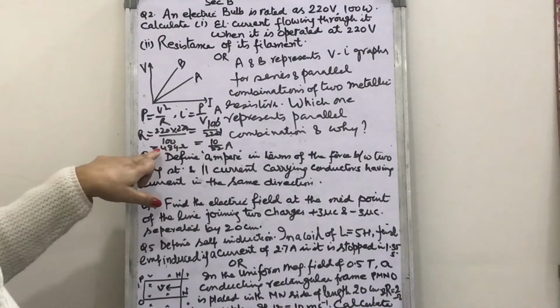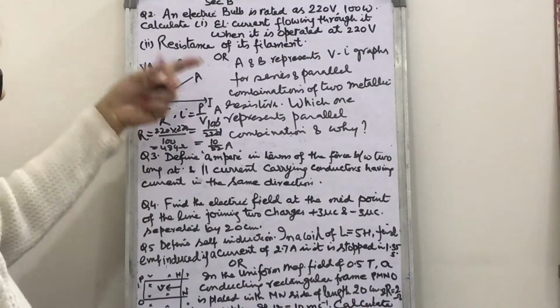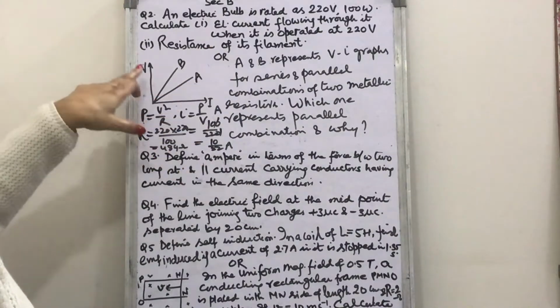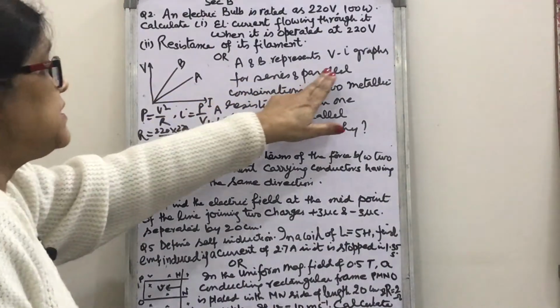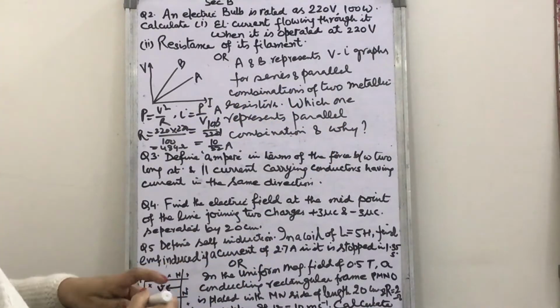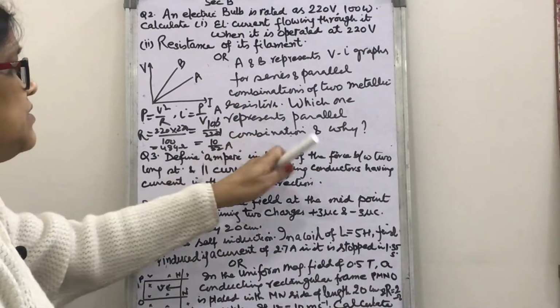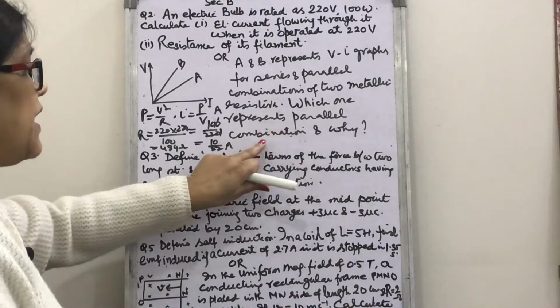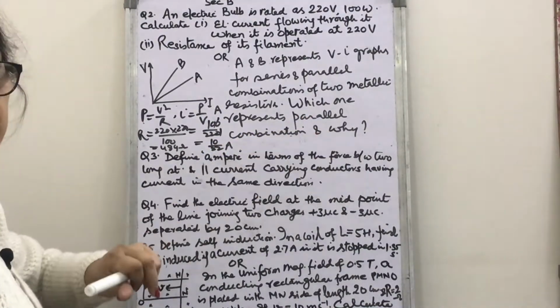Okay, this question has a choice, this OR part. A and B represent VI graphs for series and parallel combinations of two metallic resistors. Which one represents parallel combination and why?